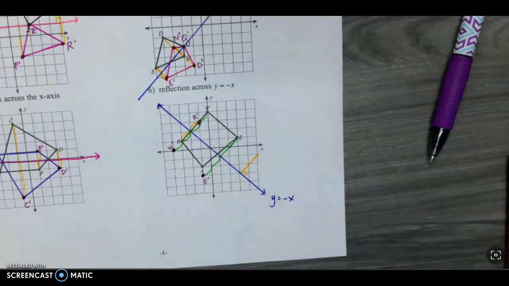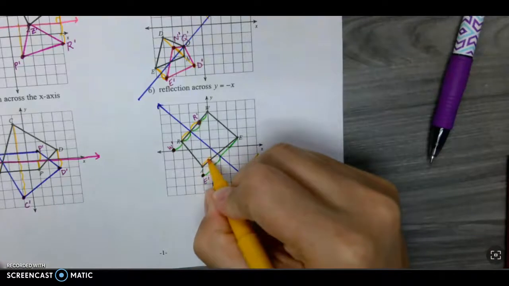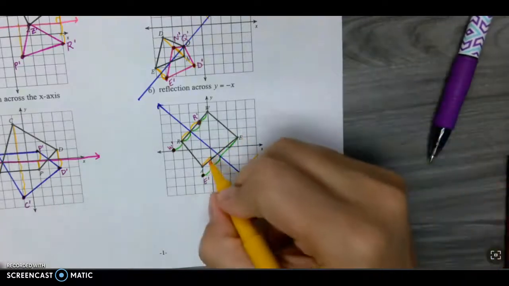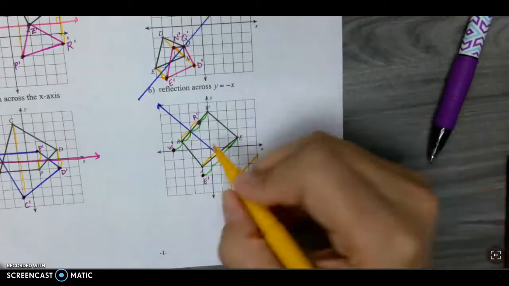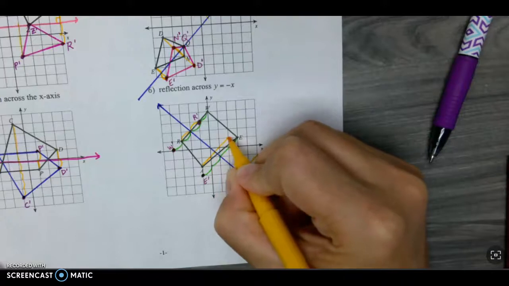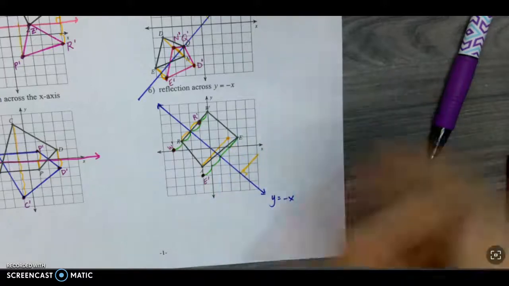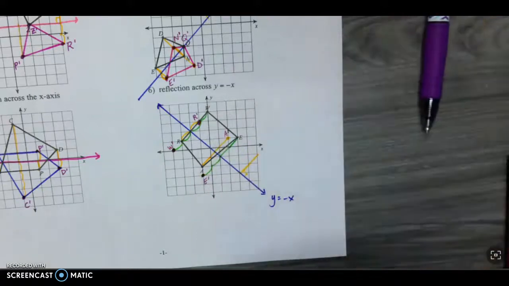So now I do the same thing with A. Again, remember, make sure you're cutting across the diagonal exactly. So I'm 1.5 away. So I go another 1/2 and 1, and I get A prime. Right.